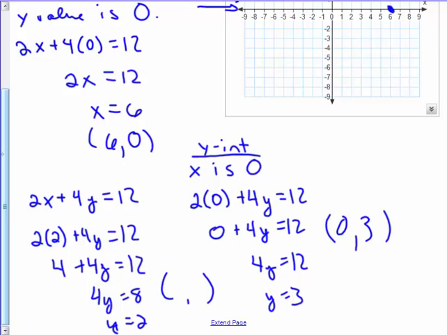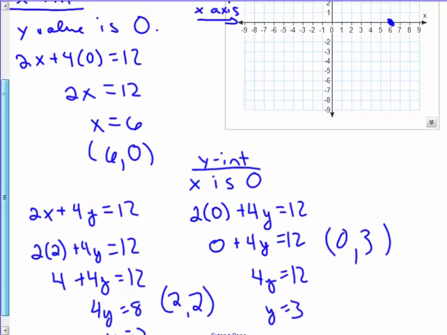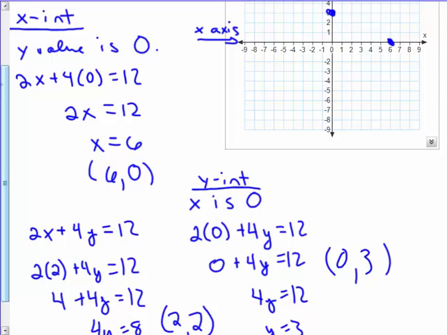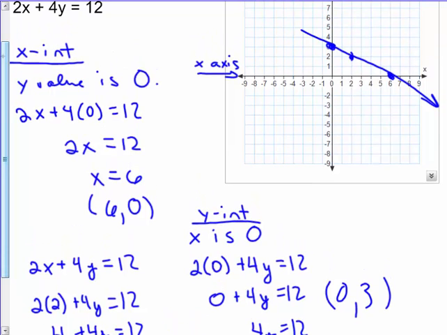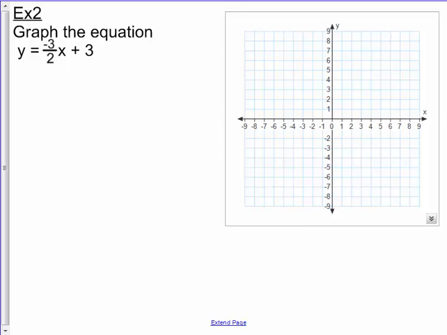So my third point, 2, comma, 2. I plot all 3 points. There's 2, 2. And I should get a straight line here. So I get a straight line.